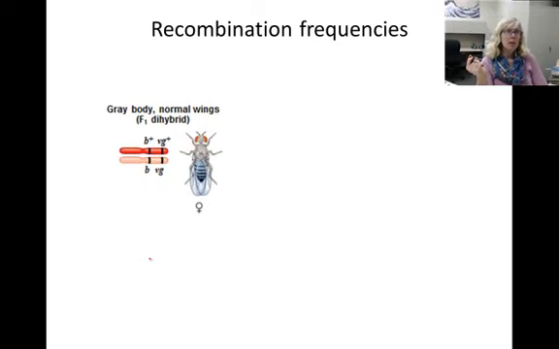You remember recombination from our discussion of meiosis. We've also talked about dihybrid crosses when we're interested in two different traits on two different chromosomes. But what happens when the genes for both traits that you're interested in are on the same chromosome? Here we show a fly that's a dihybrid for two traits, body color and wing length, but the traits are on the same chromosome.